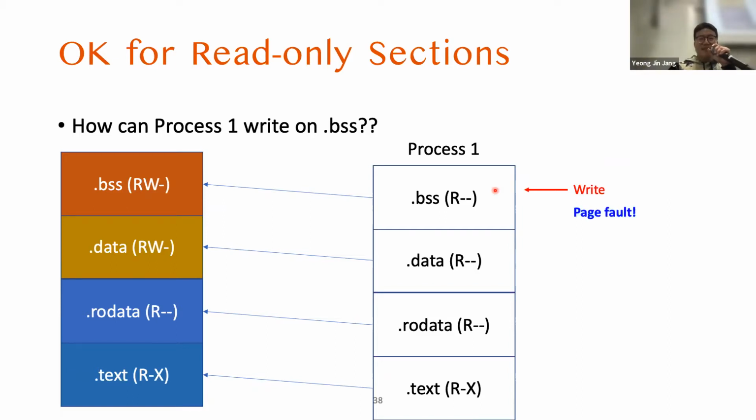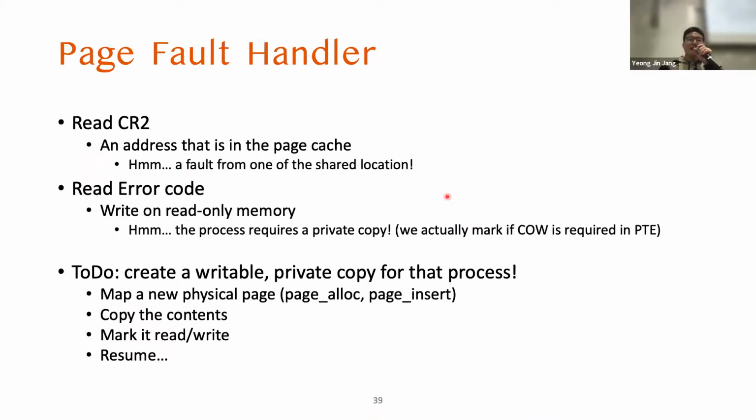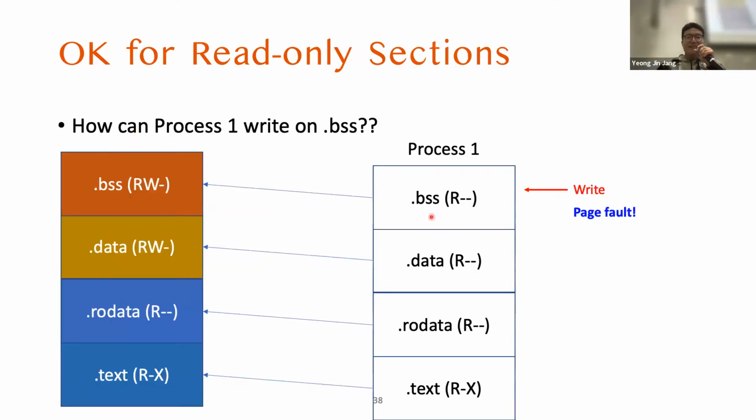Then it will definitely generate a page fault because this is now marked as read-only. In the CR2 register, we can get the address, and from the address we can know that this is the shared one. Originally it is writable, but right now it is marked as read-only to implement copy-on-write.